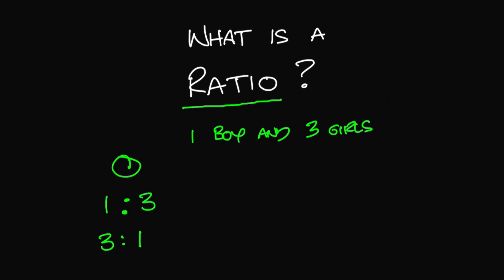We're going to say 1 boy to, T-O, 3 girls. Or in the second one I wrote, I would say this is 3 girls to, right there's my colon, 1 boy. And so that's one way that I could use a ratio, but more importantly, how I express it.